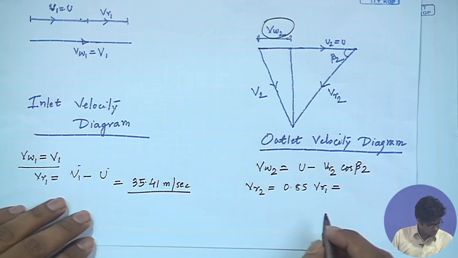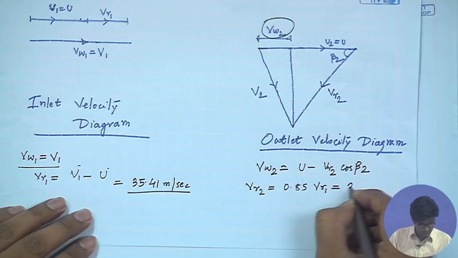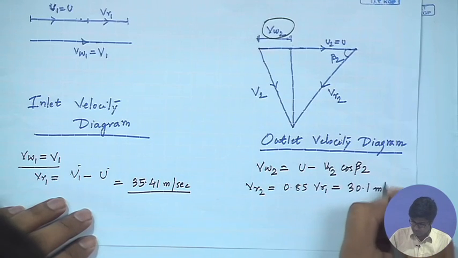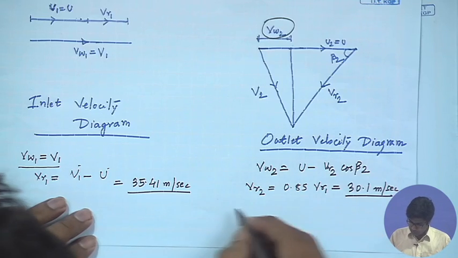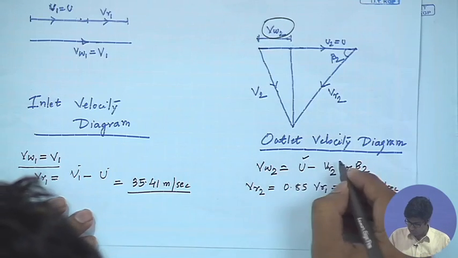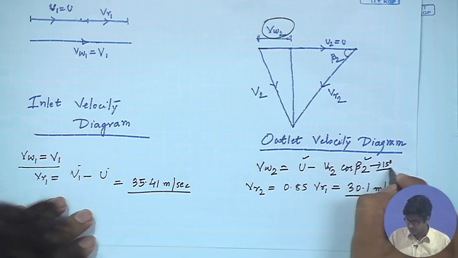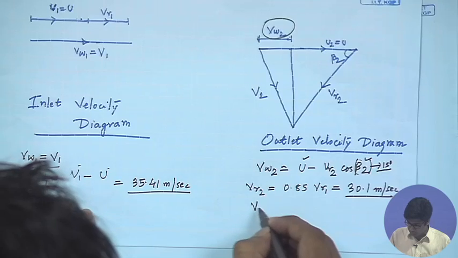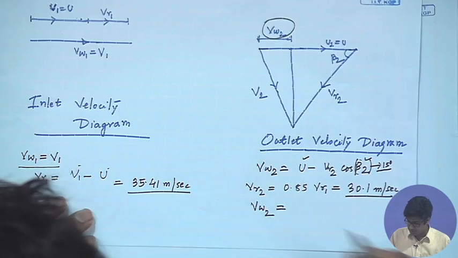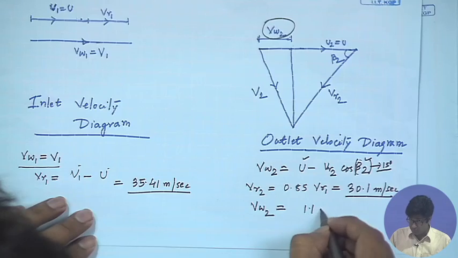So, substituting the value of V r 1, we ultimately get the relative velocity at outlet as 30.1 meter per second. From this, we know the value of u, we know beta 2 is equal to 15 degree, and we get the value of tangential velocity at outlet as 1.1 meter per second.